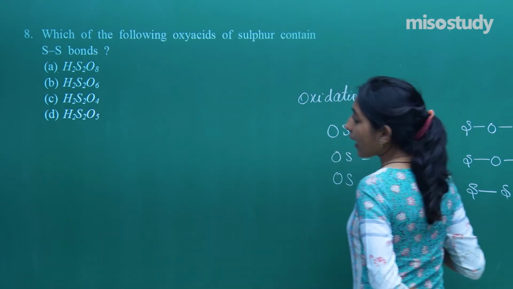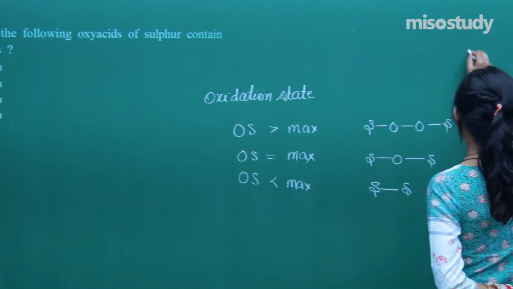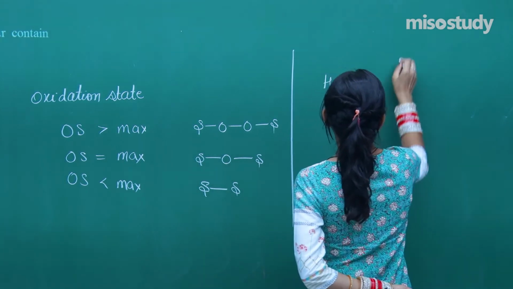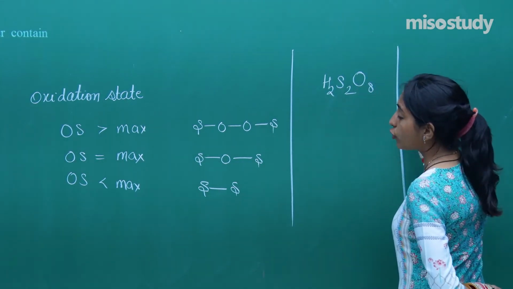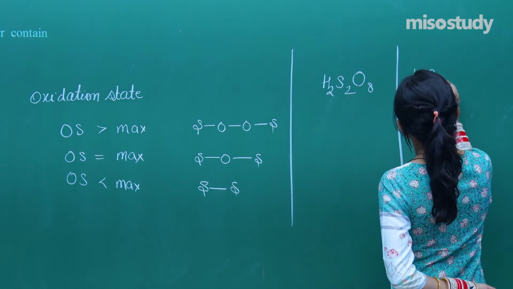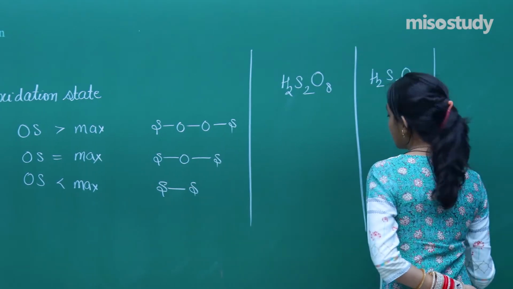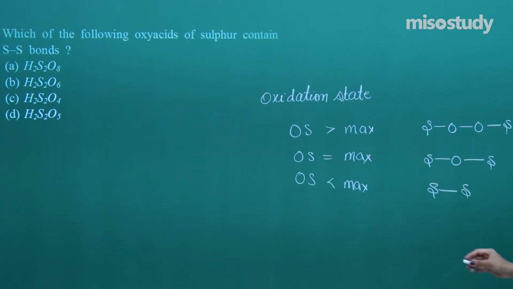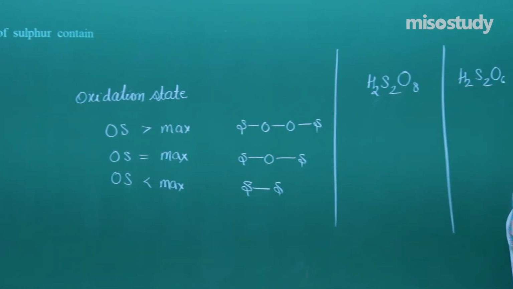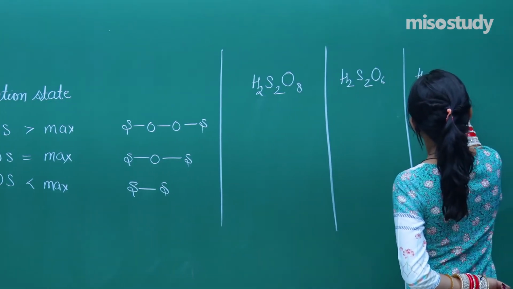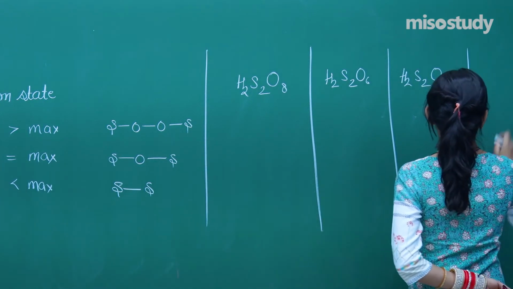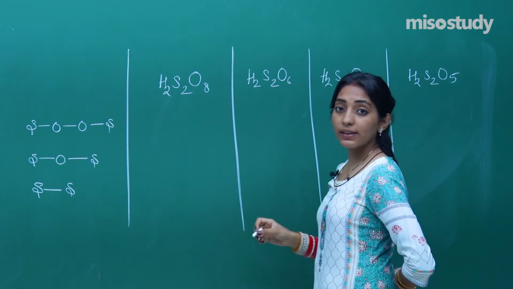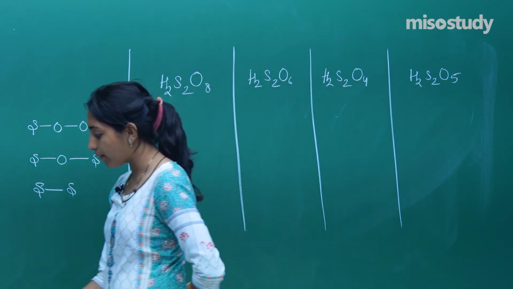First, let's do H2S2O8. The second is H2S2O6. The third that we will solve is H2S2O4 and H2S2O5. So let's calculate the oxidation state of the central sulfur atom.